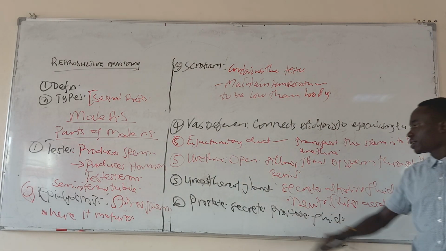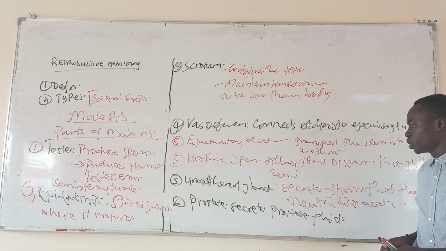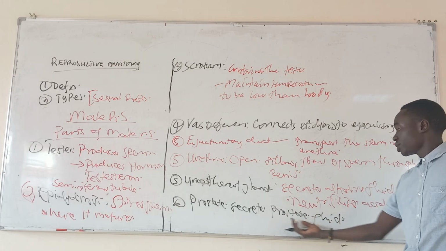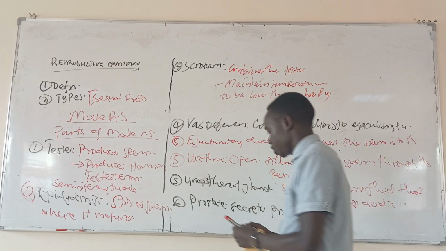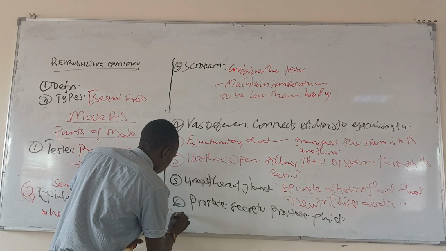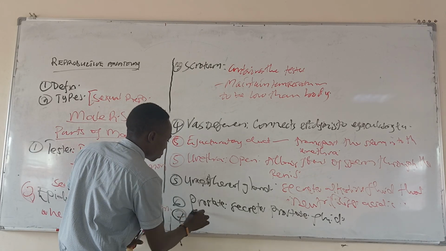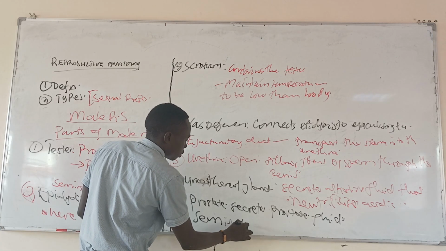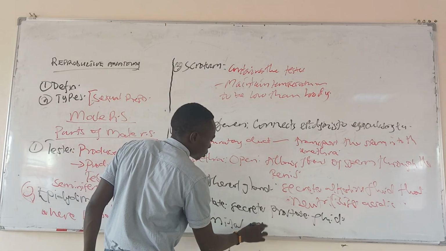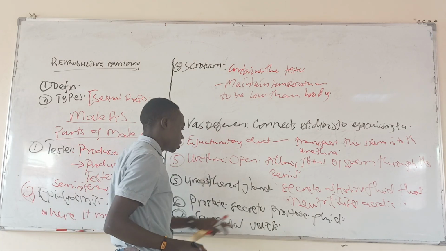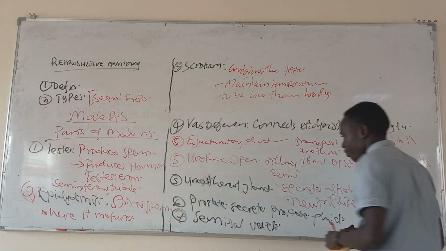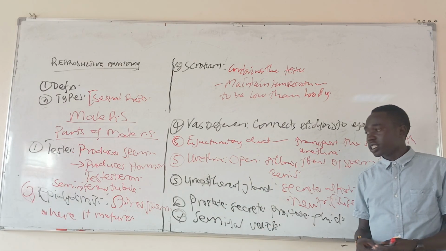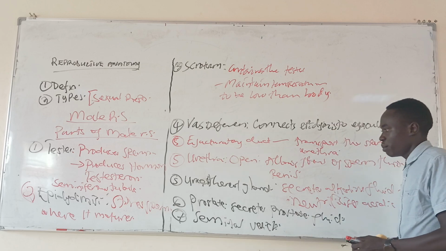We have said that sperm contains sugar, and the nutrient being secreted comes from the prostate gland. Then the seminal vesicle secretes a seminal fluid, which makes the sperm viable and motile.